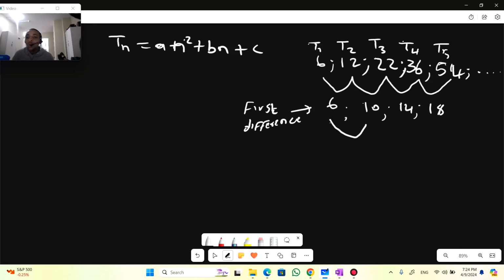To get it, you do the same: you just say the T2 of our first difference minus the T1 of our first difference. Our second difference will be 4 because it's 10 minus 6. Then 14 minus 10, you will get 4 again. Then 18 minus 14, you will get 4 again.